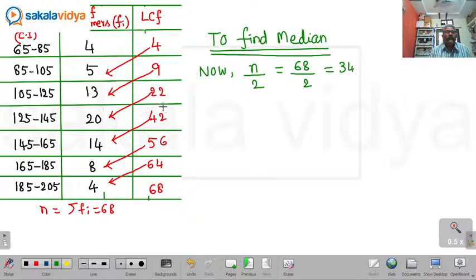That is 42, and this is the median class. Therefore 125 to 145 is the median class.